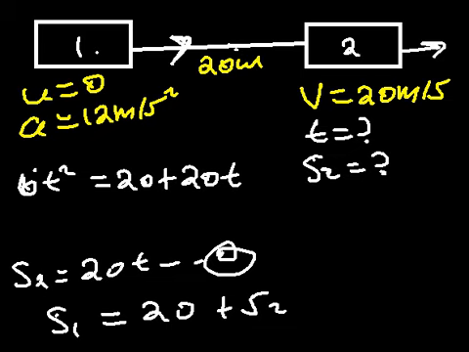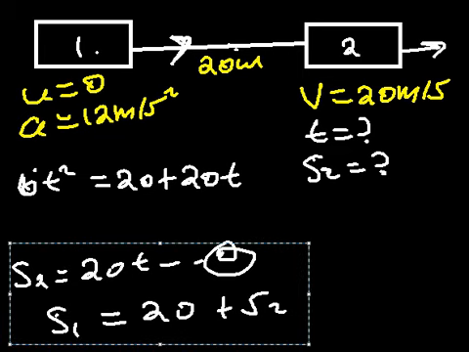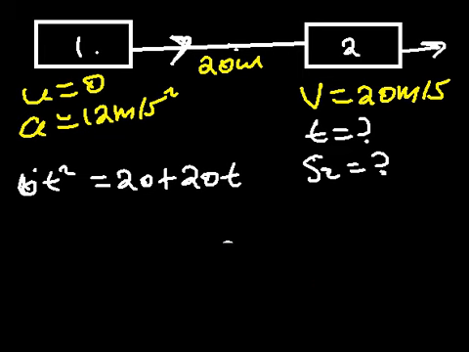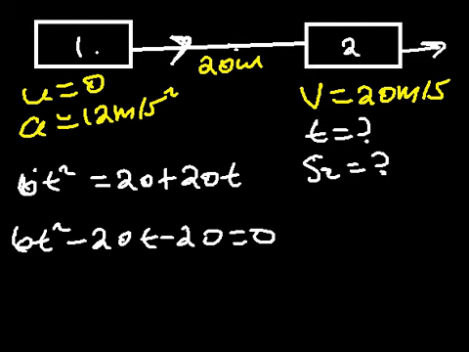That's what will happen. Then I'll have that as a quadratic equation, in the sense that we have 6t squared minus 20t minus 20 equal to 0, of which we can further simplify the expression. We'll have 3t squared minus 10t minus 10 equal to 0.